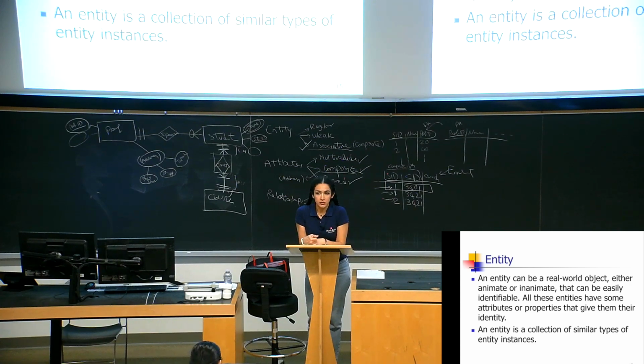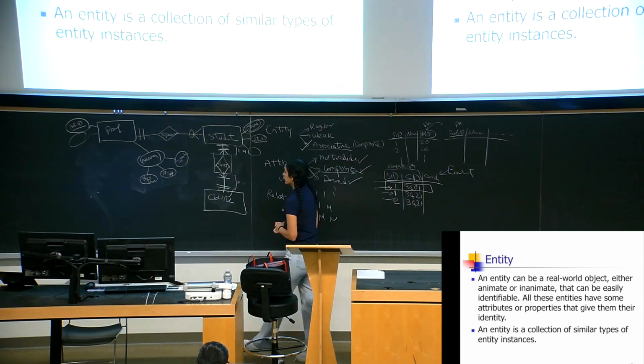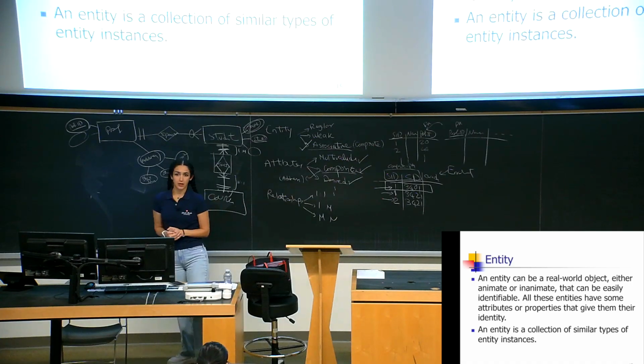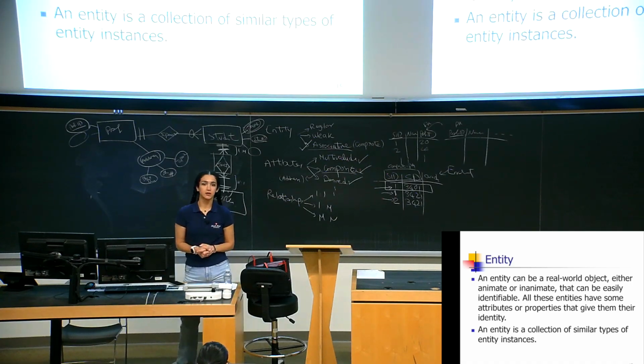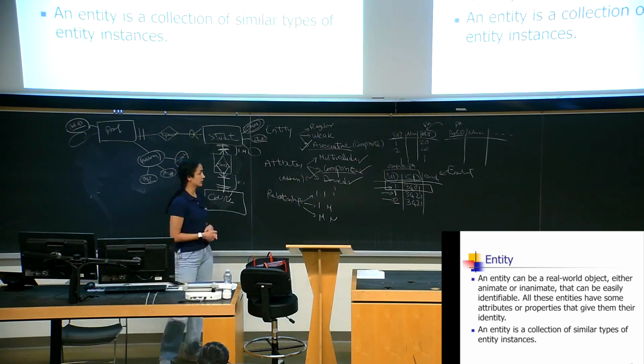The other condition, because you may say, okay, if it doesn't have a primary key, I'm going to add a unique identifier such as a surrogate key, and then it's unique. So that's one condition, but it also should depend on another entity for its existence. Okay, so these are the two conditions.